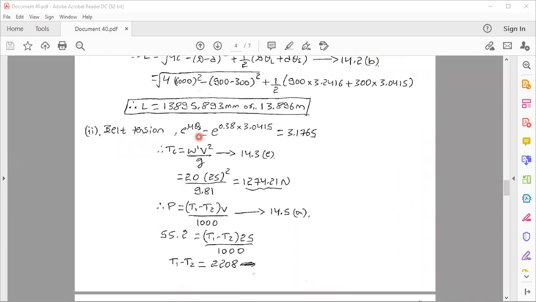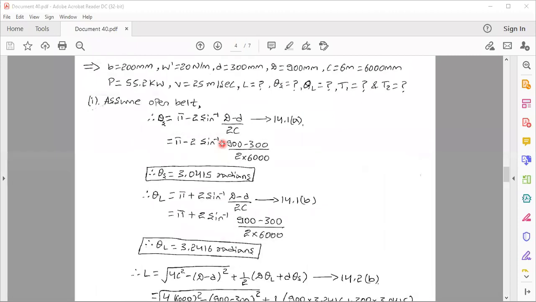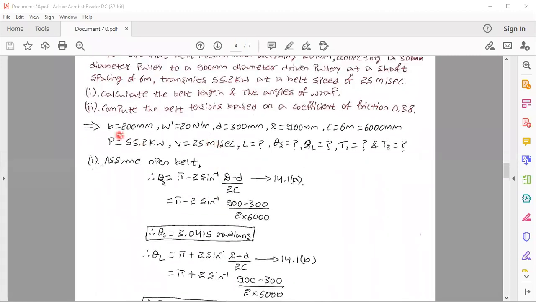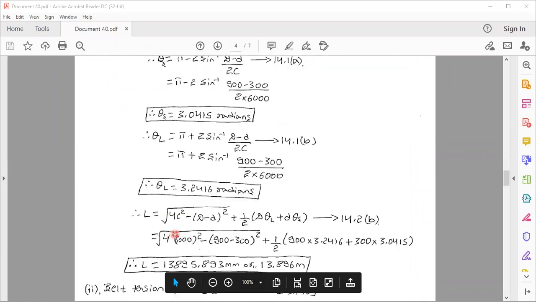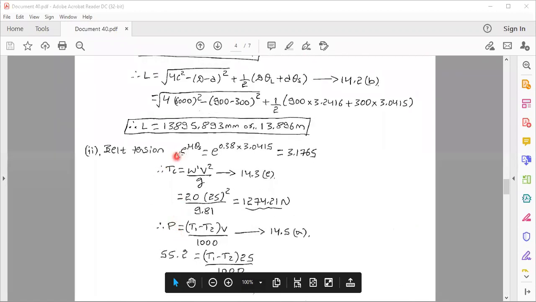To calculate that, for the angle of contact and coefficient of friction, we'll take the driver pulley. The driver pulley is the pulley which rotates the other pulley, and always the smaller diameter is the driver pulley. Here you can see this is 300. The angle theta s is what we take to find e raised to mu theta.